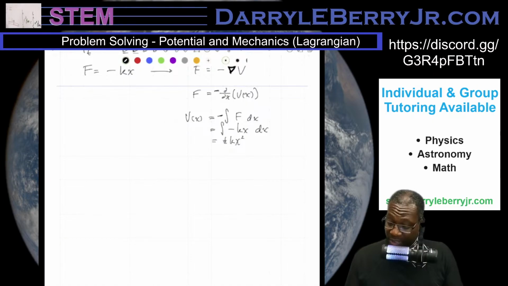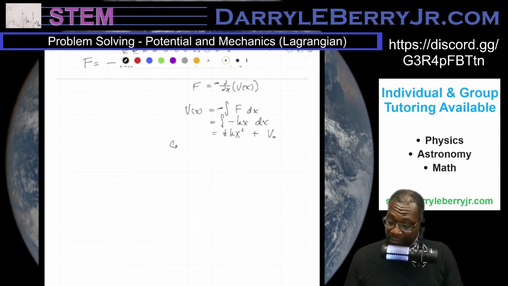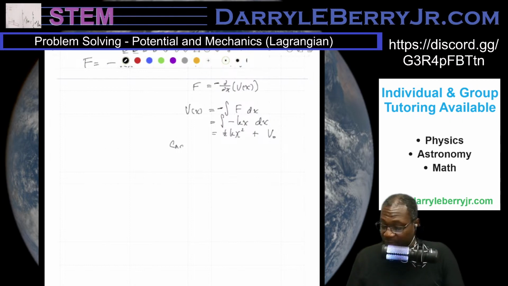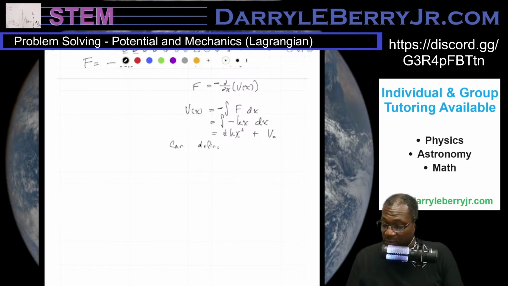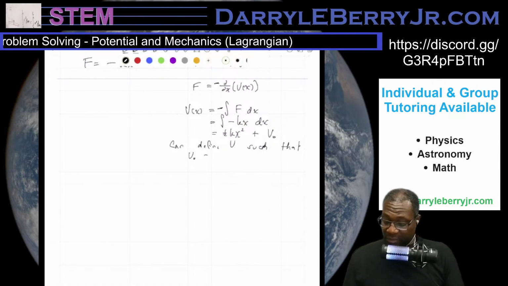So it's going to be kx squared over 2 plus v naught, and we can define v such that v naught equals 0.